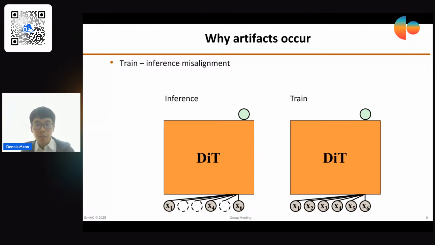The question is, what is the solution? And the solution is actually also quite straightforward. You want the output of the tokens in the pruned version to be as close as possible to the full unpruned latents. But how do we achieve this?